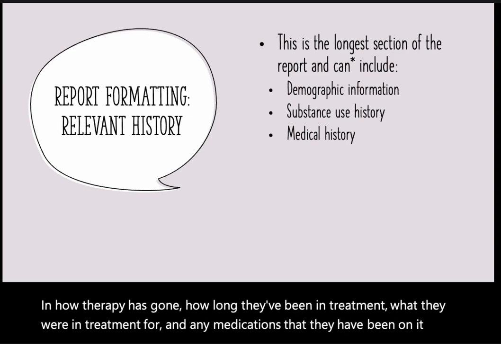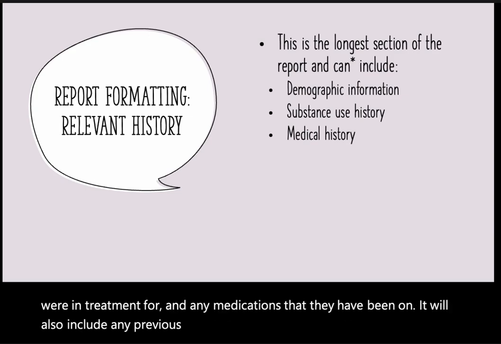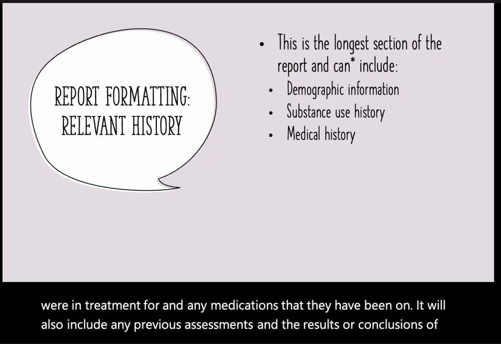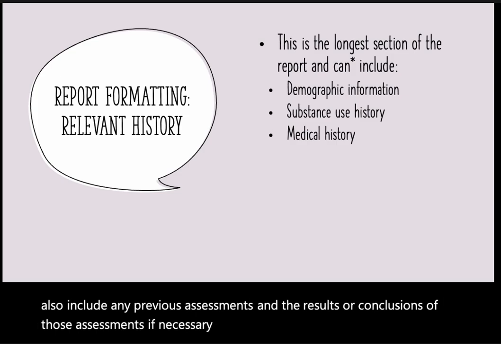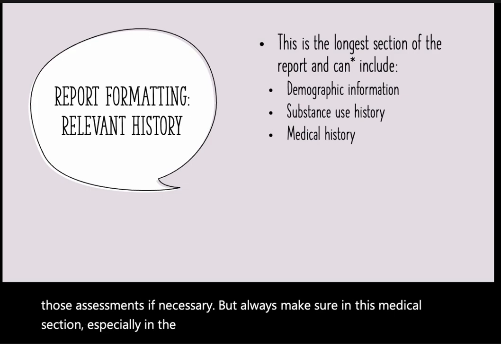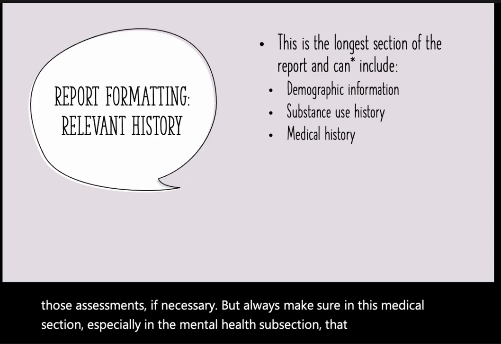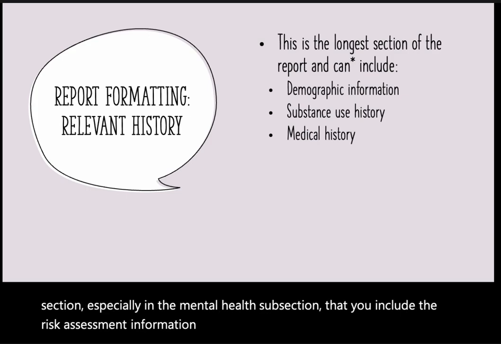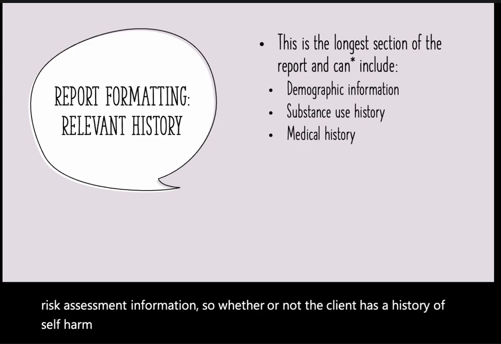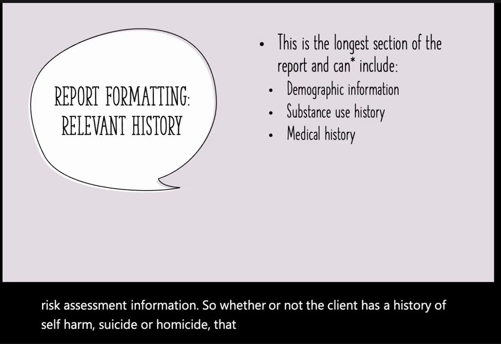You'll also include any previous assessments and the results or conclusions of those assessments if necessary. But always make sure in this medical section, especially in the mental health subsection, that you include the risk assessment information. So whether or not the client has a history of self-harm, suicide, or homicide, that information must be in this section.